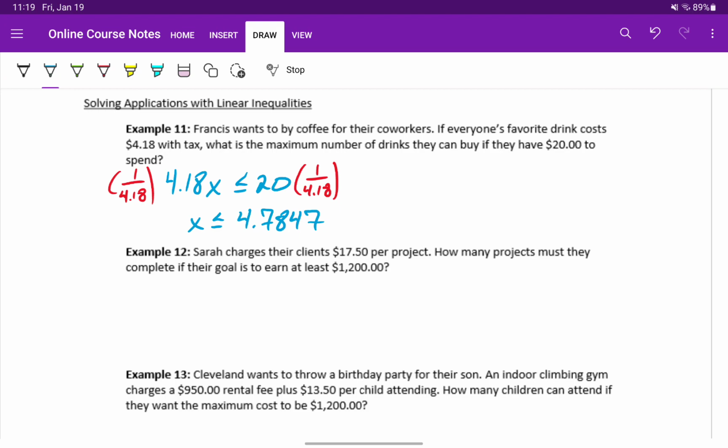So what we actually have to do is infer that we need to round this down and say that they can buy at most 4 drinks, because once they purchased a 5th drink, they would go over the $20 that they have to spend.